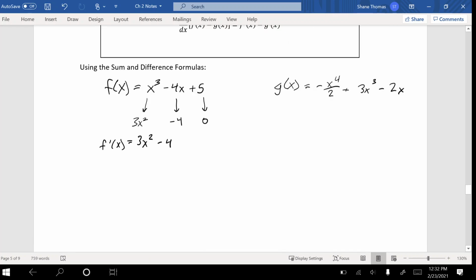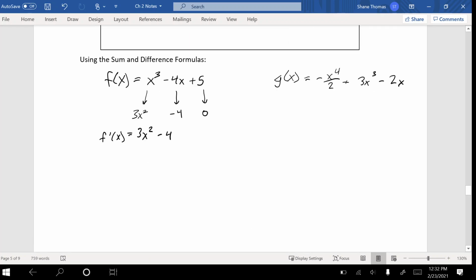I hope that you can see, like, I'm going to do this one real quick. 3x to the 3rd. Okay? What's your exponent? 3. Bring 3 down front. Multiply it times the constant. What's 3 times 3? 9. X to the 1 less for power. Boom. Over here, negative 2x. If it just has an x, x goes away. So your derivative is negative 2.